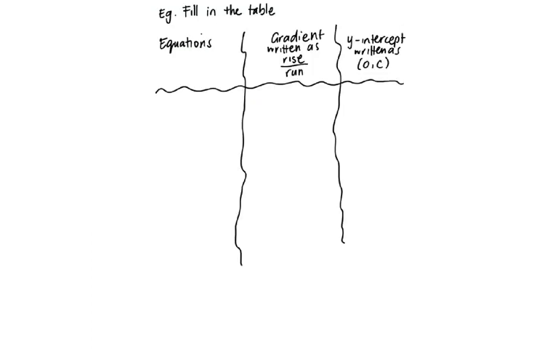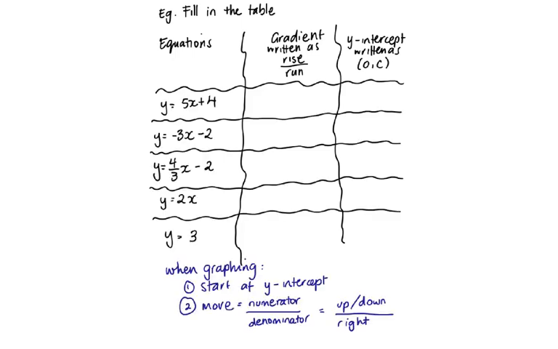In your worksheets, you should have a page that looks like this, where you've got equations and gradients and y-intercept. And what we're going to do is for each of these equations, we're going to find the gradient, and we're also going to find the intercept just by looking at the equation. So as you can see, we have 1, 2, 3, 4, 5 equations.